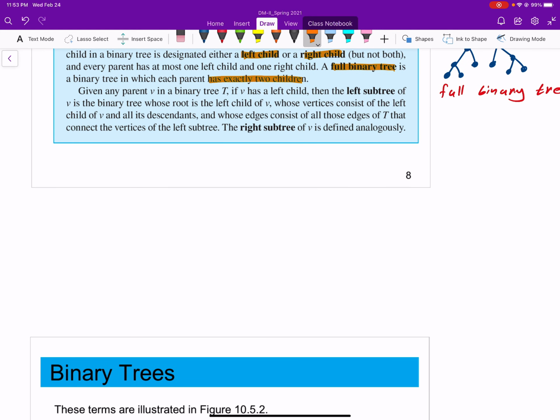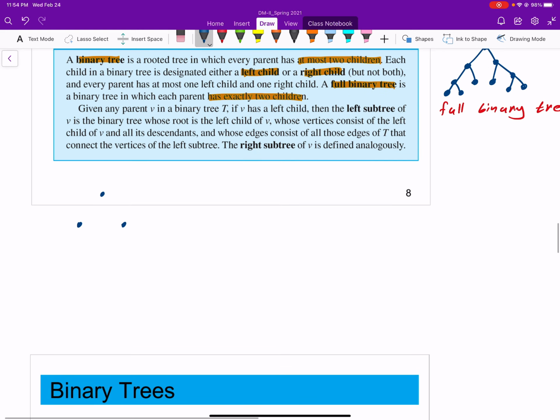Let's say you have a tree like this, one vertex here, two vertices like that.